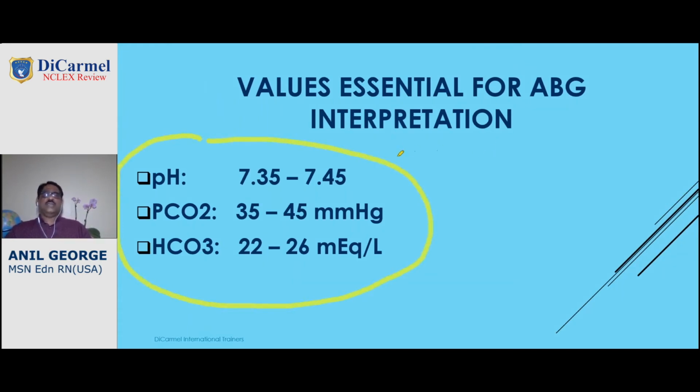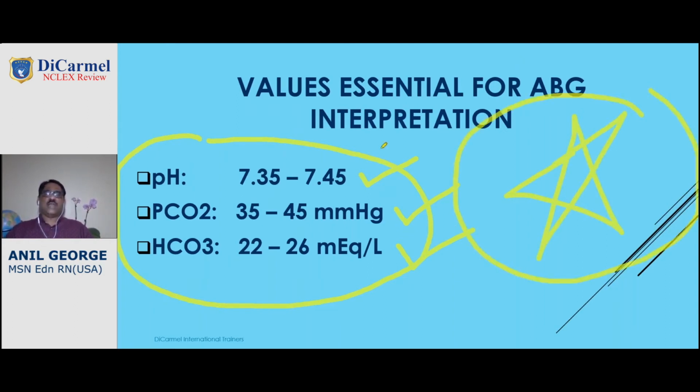We've heard them a few times by now: pH is 7.35 to 7.45, PaCO2 is 35 to 45, and bicarb is 22 to 26. This is the ABCD of ABG. If you do not have these values memorized, there is no point in going further with ABG interpretation. This is the most critical part of ABG interpretation: knowing these values and what will happen when they change.